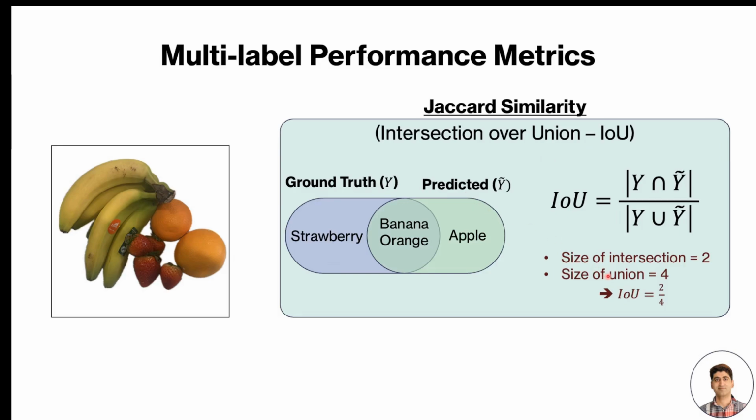So for example, for this image and these predictions, the ground truth labels are strawberry, banana, and orange, but the predictions are apple, banana, and orange. Therefore, the intersection is banana and orange, so the size of the intersection is 2, and the size of union contains all these 4 labels. So finally, the Jaccard similarity is computed to be 2 over 4.